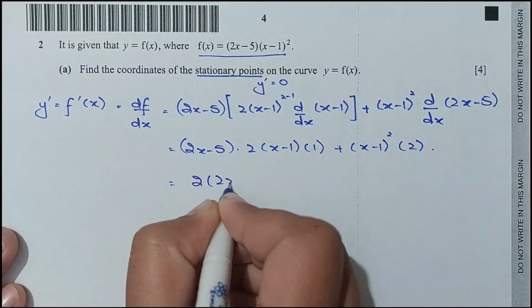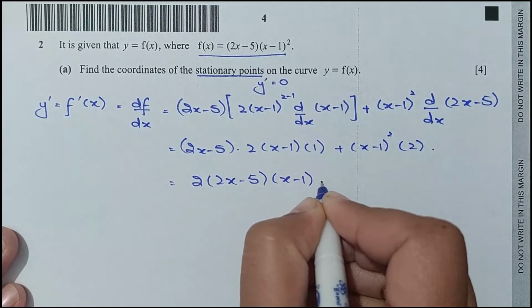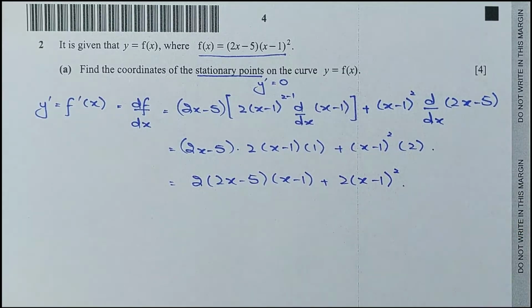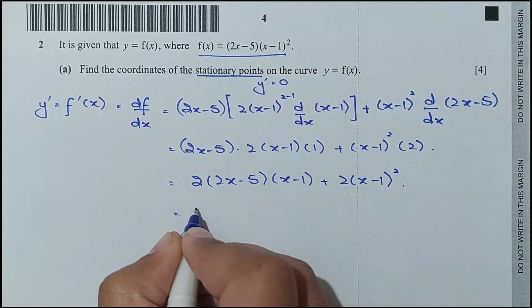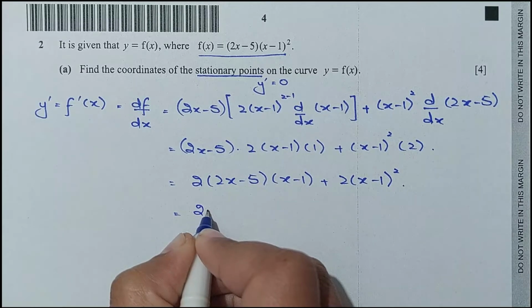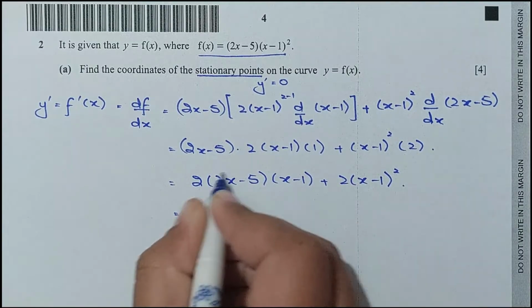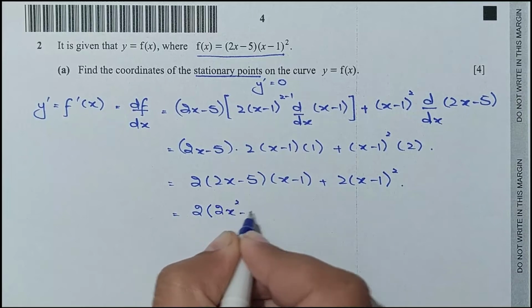2 into 2x minus 5 into x minus 1, plus 2 into x minus 1 squared. Right, let me simplify this. So we have 2 into, let me take the product with 2x. 2x multiplying with this bracket gives 2x squared minus 2x.